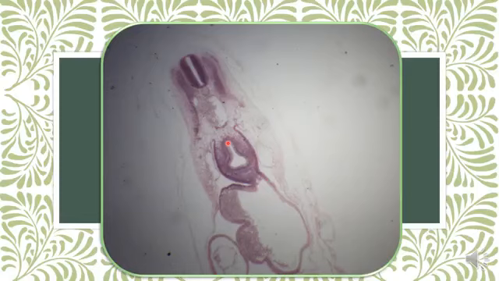And ventral to the gut tube, the heart. This is the heart. Esophagus, respiratory diverticulum.